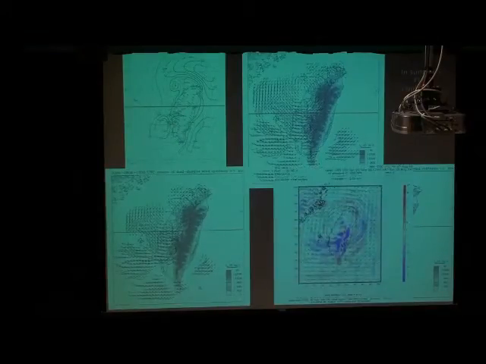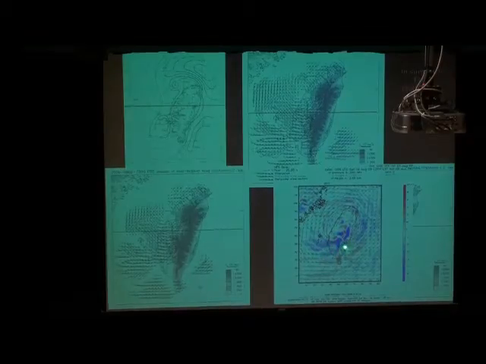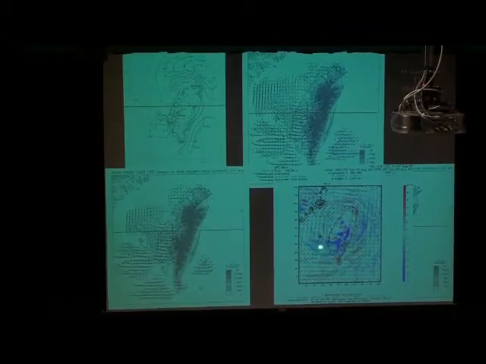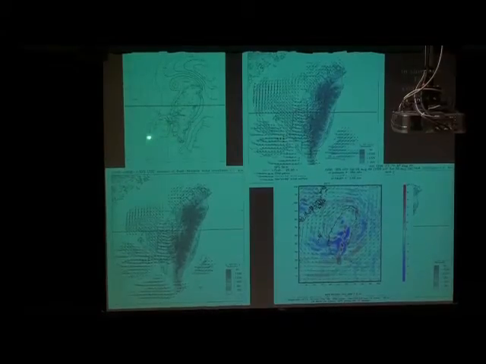So we compare what we have in the model. Along the mountain, there's a flow uplifted by the mountain, so there's a high convergence zone over here. And over the coastal area, there is convergence between the typhoon and maybe the southwesterly flow. And we have speed convergence over there.